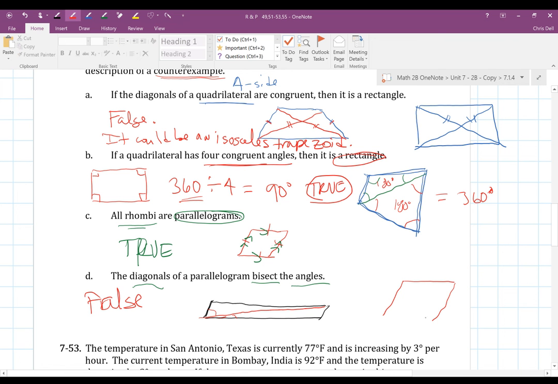Rhombus meaning that all the sides are also equal. In that case, the parallelogram would have diagonals bisecting its angles. So we'd say false, only true with a rhombus. All right, there we go.